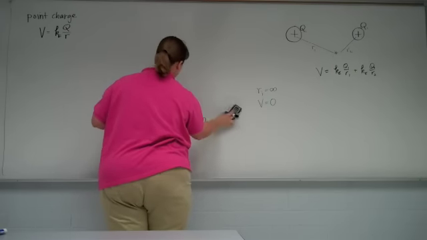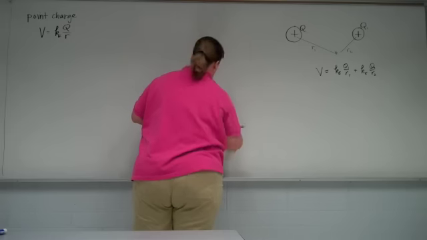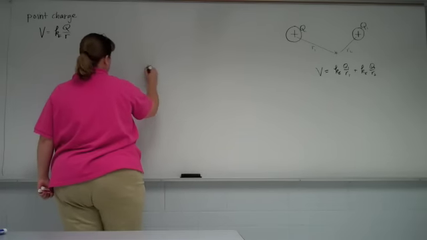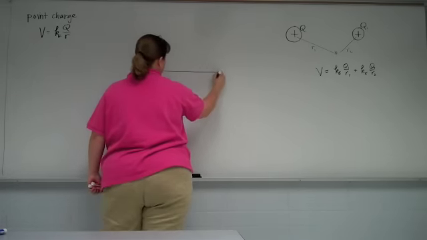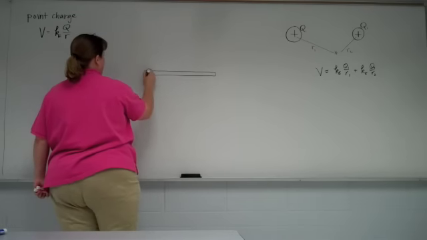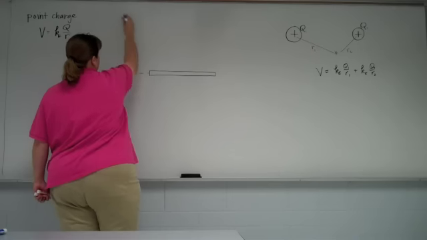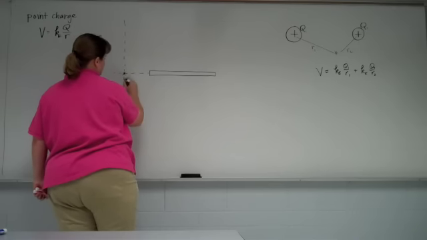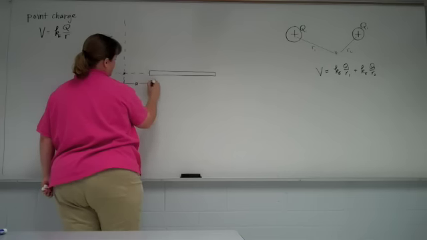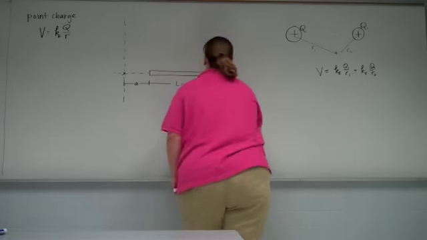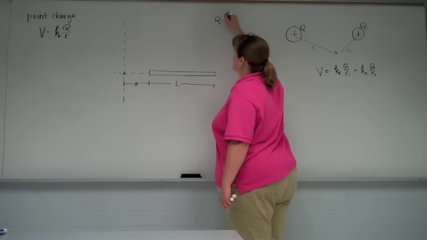For example, if I have a line of charge, and I want to know the field somewhere, call this distance A, this distance L. The rod has a total charge Q.